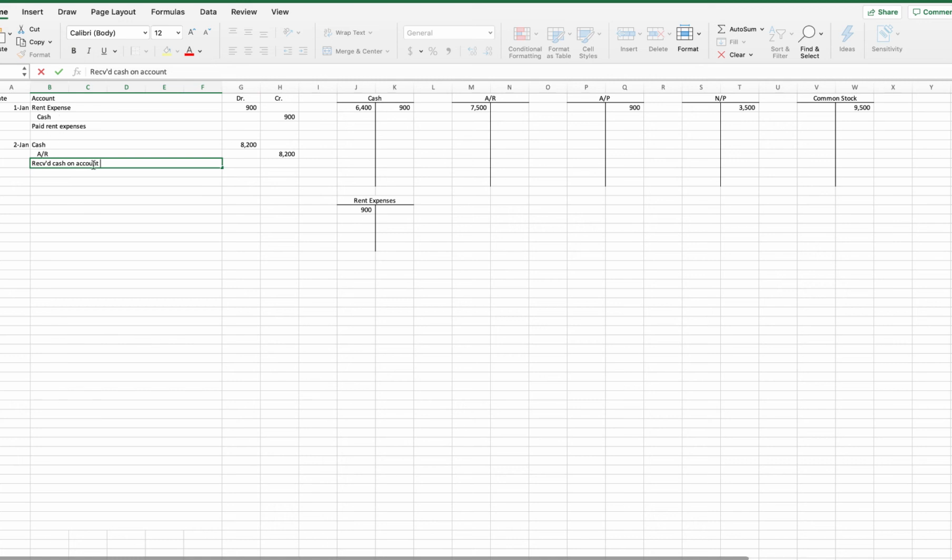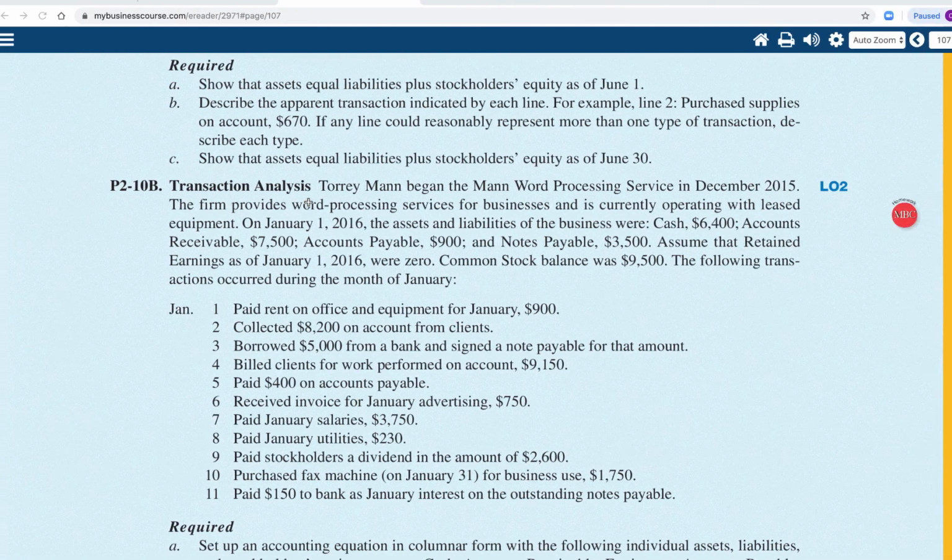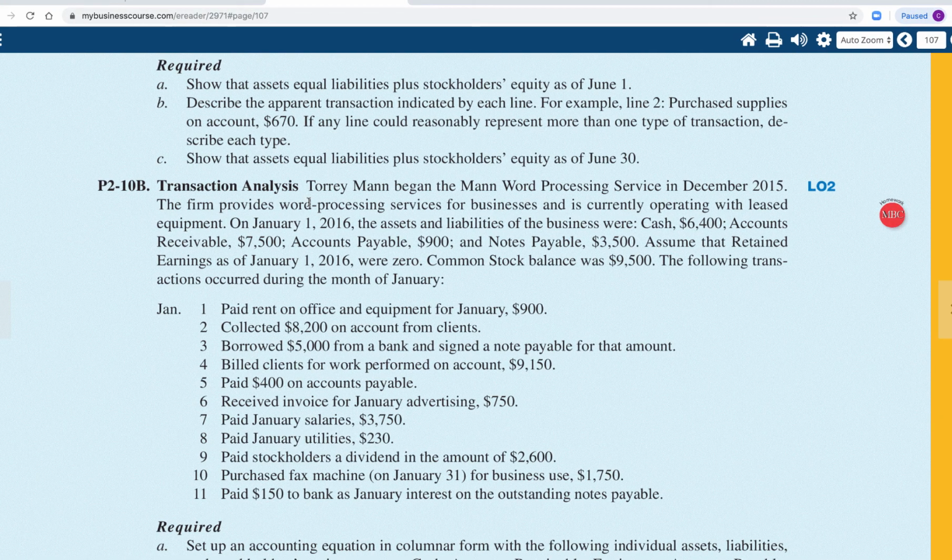So what do I need to do next? Well, I need to post it to the ledger. We're using T accounts, so it's basically the same thing. So I have cash debit for $8,200. I need to plug that in. $8,200 cash. Accounts receivable, I have a credit of, was that $8,200? Yeah, it was.